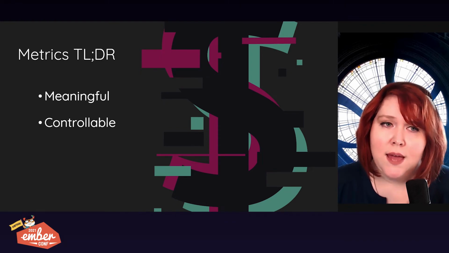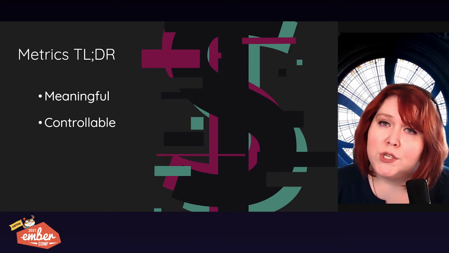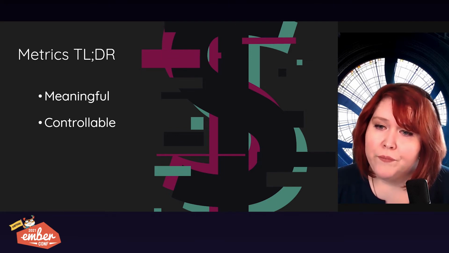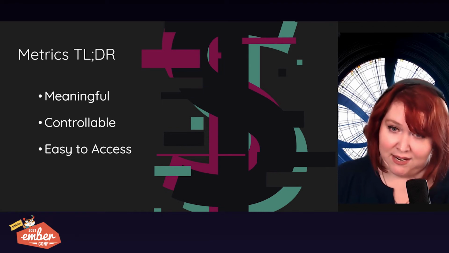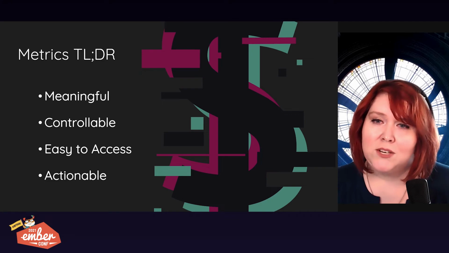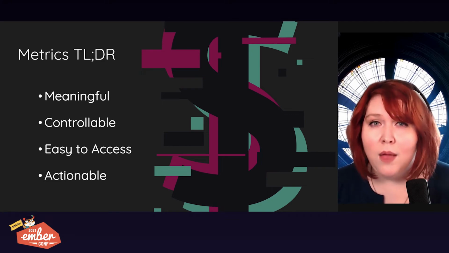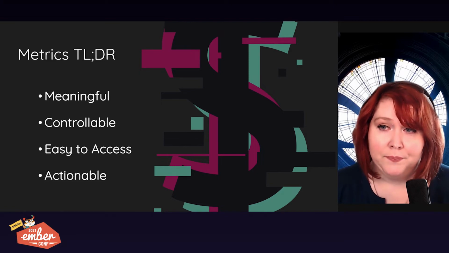If a metric is not under our control or our influence, it's not meaningful to report. Metrics should be easy to find, easy to identify, and visible to management. And metrics must be actionable. All metrics that we define must have an actionable outcome.